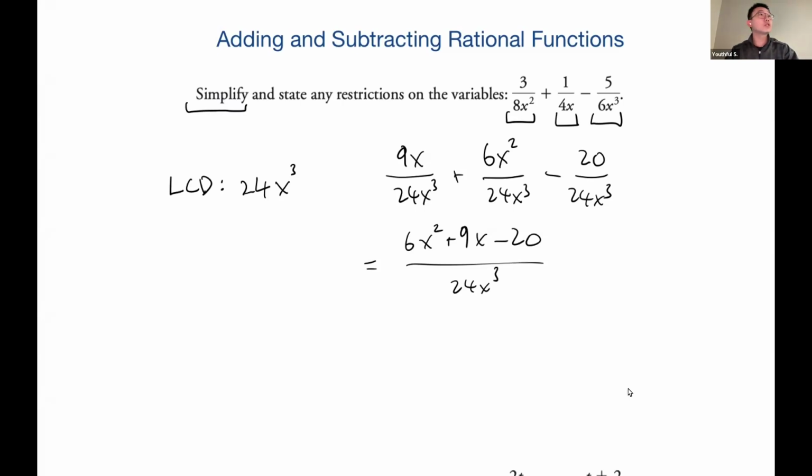Now for restrictions, we really just have one, which is x cannot be equal to 0. When you look at all the unsimplified forms, it's all the same. So it's just going to be x does not equal 0. And this is going to be an asymptote because even in the simplified form, this restriction still exists.